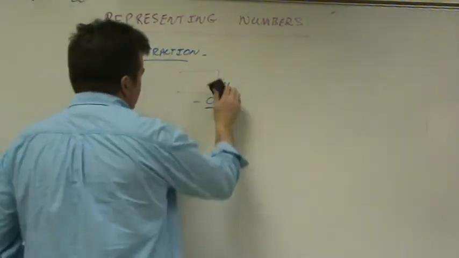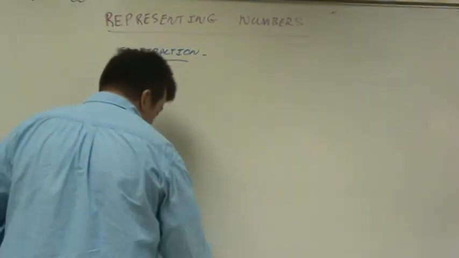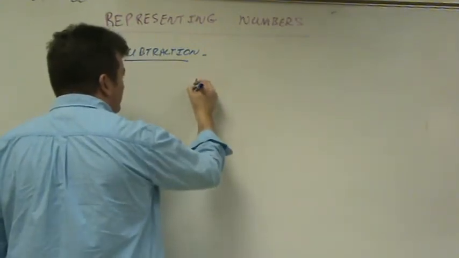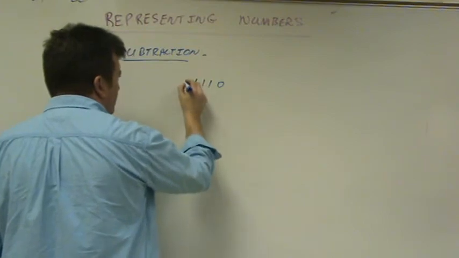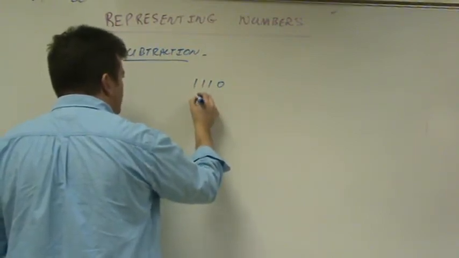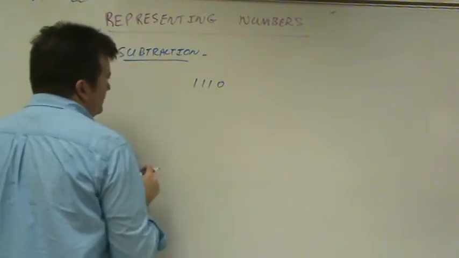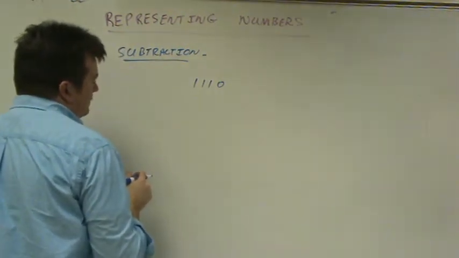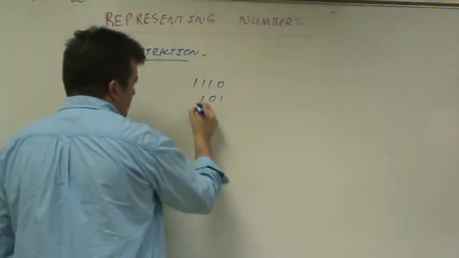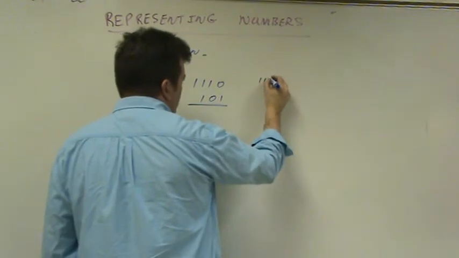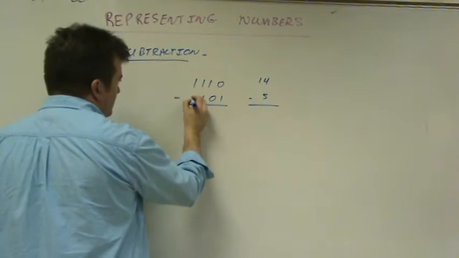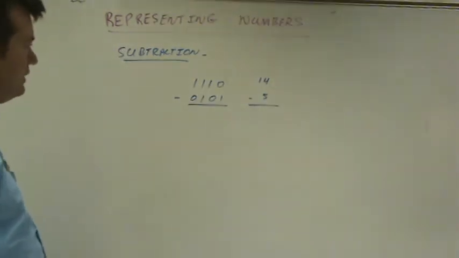If we wanted to do the same thing in binary, if we wanted to say 14, which is 1, 1, 1, 0, minus 6. I want to make it interesting. Let's say minus 5. If we wanted to do 14 minus 5, how can we do this?